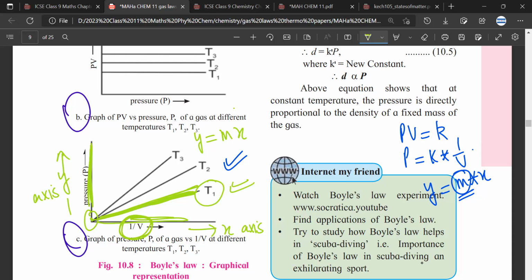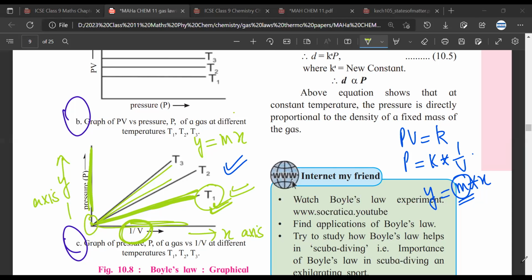No. When I change the temperature, please try to understand. When I change the temperature, basically what I'm doing is I'm changing the slope of the graph. Any doubt? No. Because again, if we refer to class 10th mathematics, the equation of this line would be y is equal to m1x.